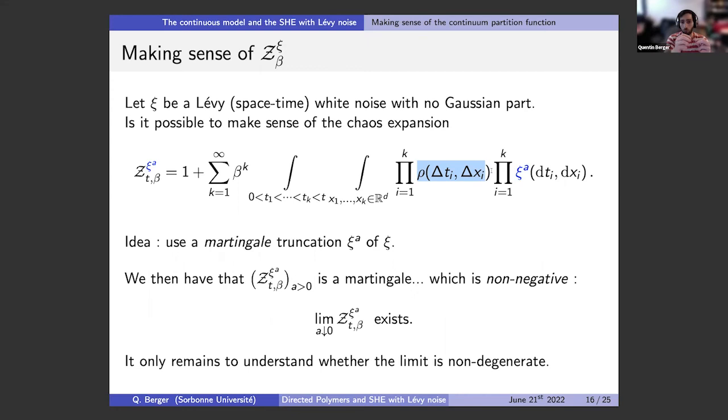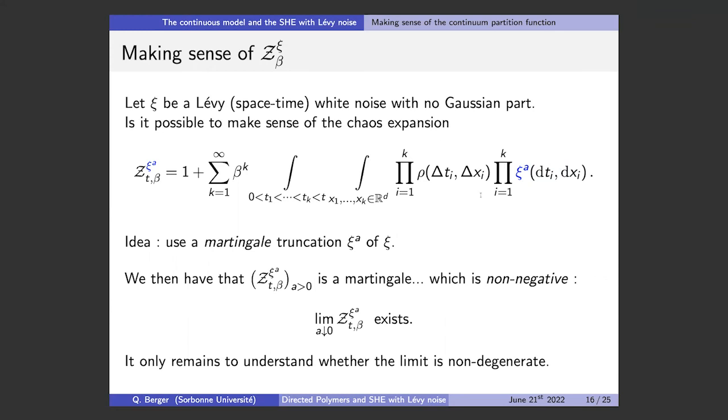So that's roughly the probability that the Brownian motion goes through all these points. And you collect the noise at these points. So that's the analogue of the directed polymer model.